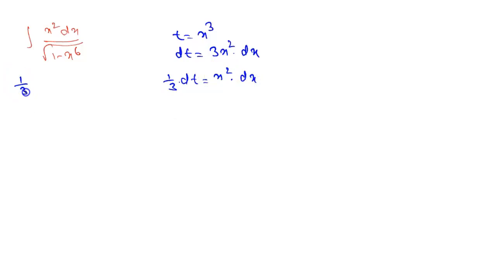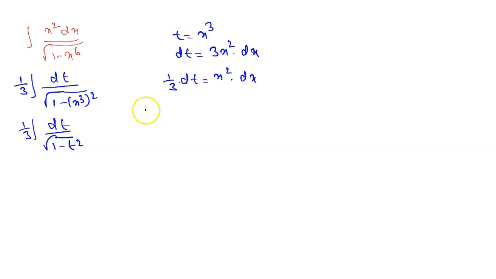Replacing here, 1 by 3 integral dt by root over 1 minus x cube whole square. Replace all those values here: 1 by 3 integral dt by root over 1 minus t square. So here we have the formula: integral dx by root over 1 minus x square is sine inverse x plus c.